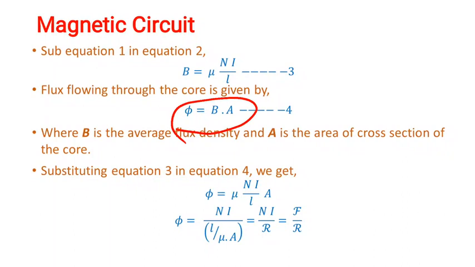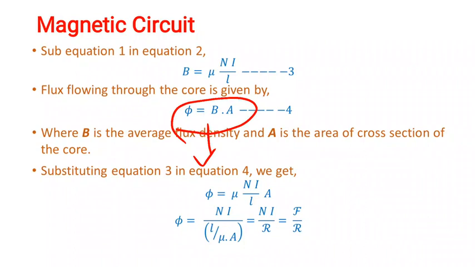So from that we derive the value of flux. We know the value of B, so substitute B, that is mu into Ni by L, in this fourth equation. Substitute equation 3 in 4.